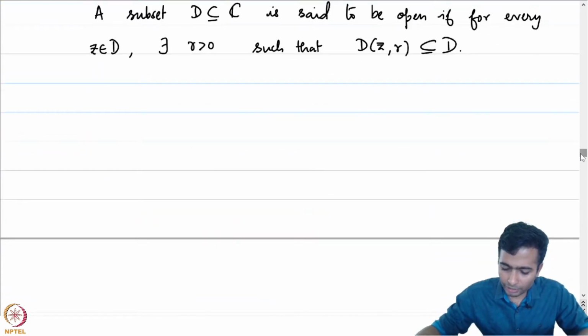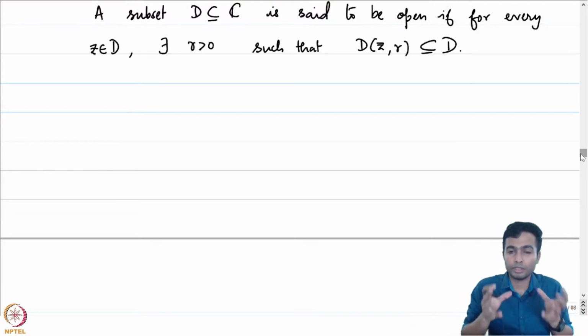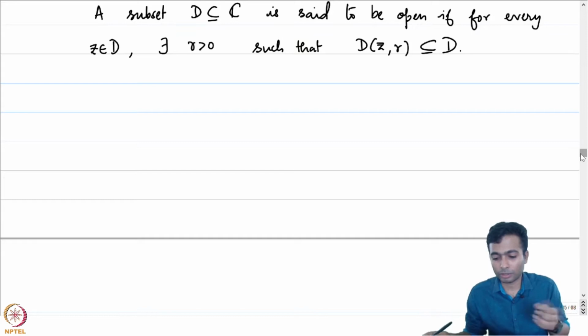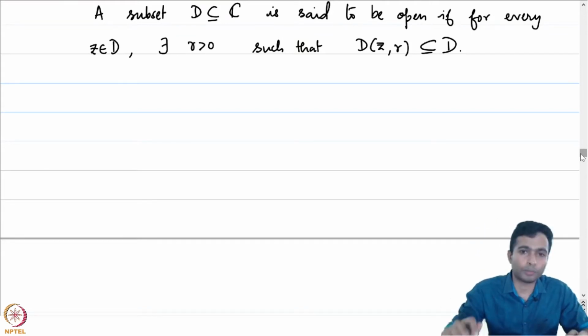So if every point in D is an interior point, if we can find some disk of radius R around the point z which is sitting inside D, then we say that D is an open set.